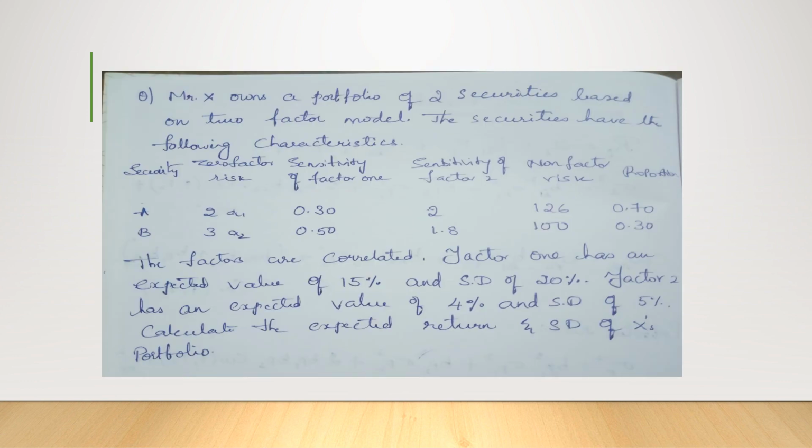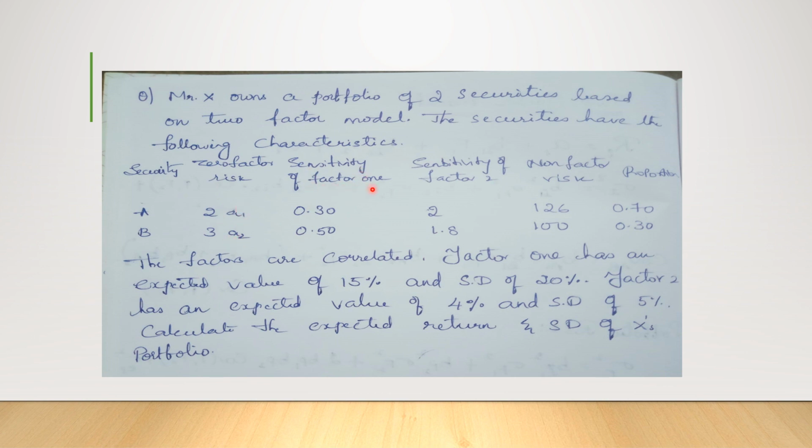So the problem on the two-factor model is: Mr. X owns a portfolio of two securities based on the two-factor model. The securities have the following characteristics. You have two securities A and B, and the zero factor risk is given for the two securities, that is A1 and A2.